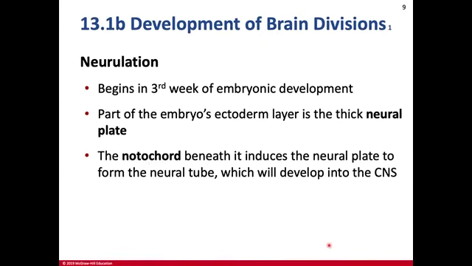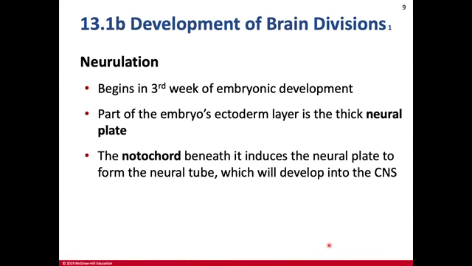The brain begins development in the 3rd week of embryonic development, and what we have there in the 3rd week is a thickening along the embryo called the neural plate, which is induced by a rod of tissue underneath it called the notochord, okay?